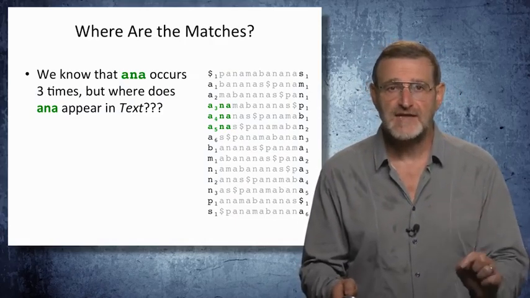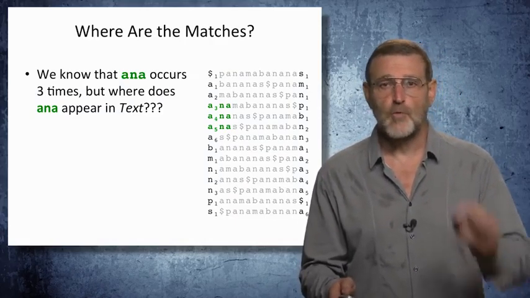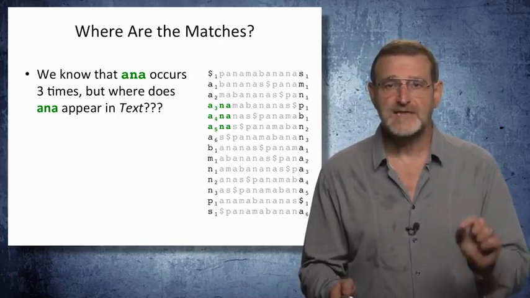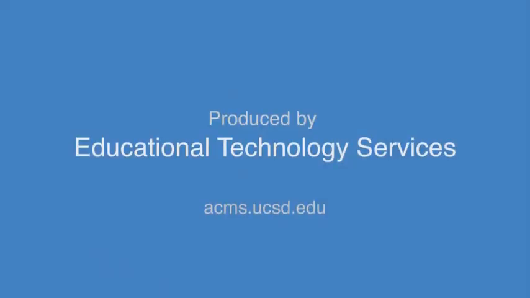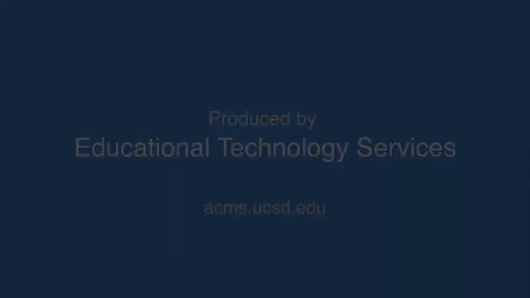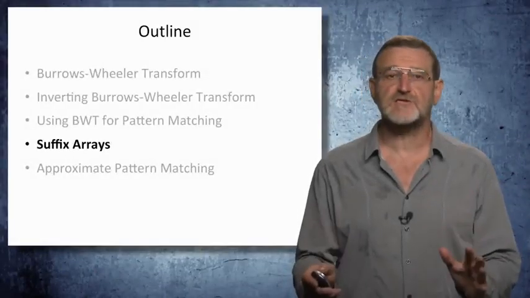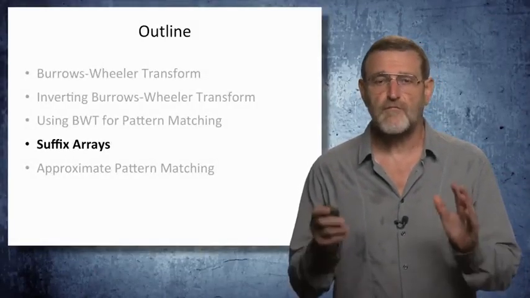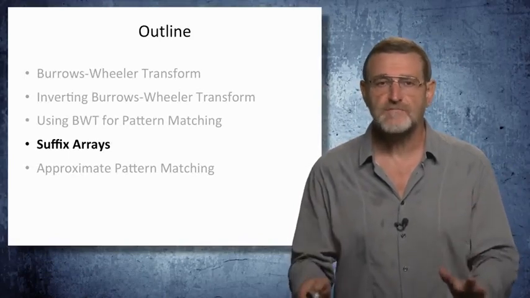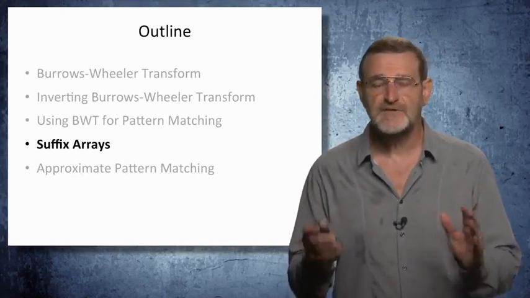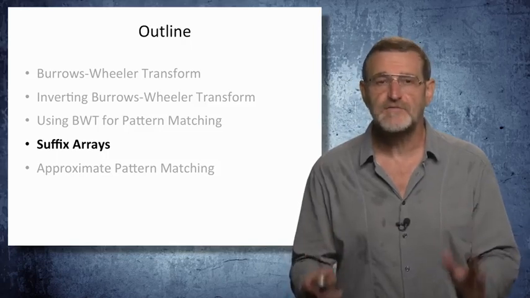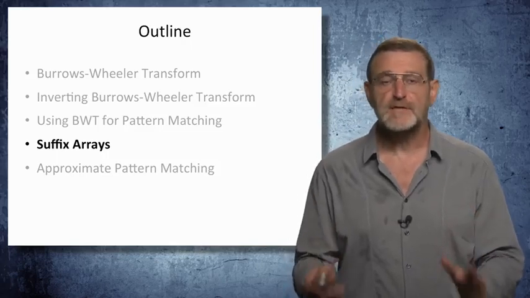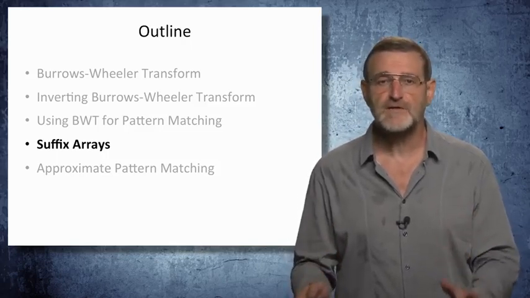Then what do we do afterwards? We are looking for the next symbol, which is N in ANA, and we are looking for the first occurrence of this symbol in the last column among rows from top to bottom. And likewise, afterwards, we are looking for the last occurrence of this symbol.